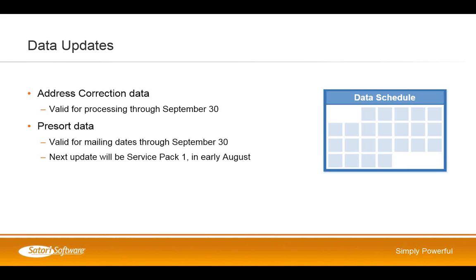The next version of the pre-sort data that we update will be available probably next week. We'll get that information from the post office probably Monday, because the first is a Saturday, so we usually don't get it until the next working day, and then we'll test that and get that out in the service pack.